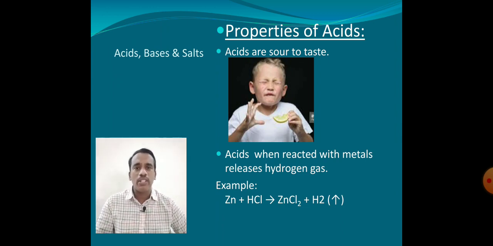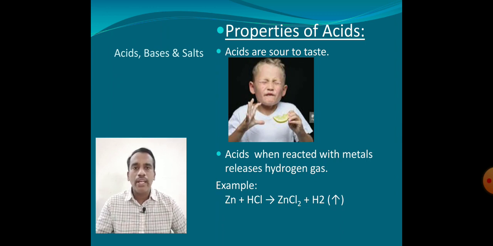Do you know why? The reason is this. The copper container is a metal, and the acids generated when the curd is stored for a few days react with the copper container and release hydrogen gas in the container, and that changes the taste and smell of the curd.